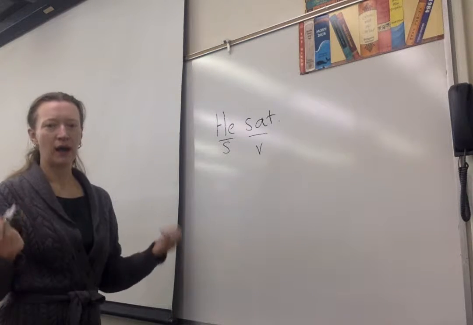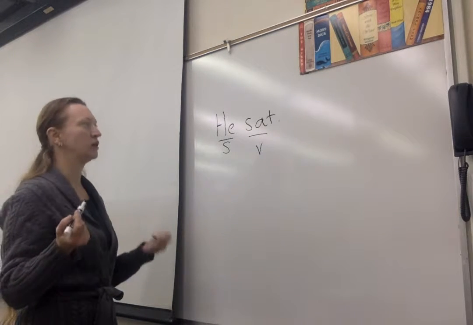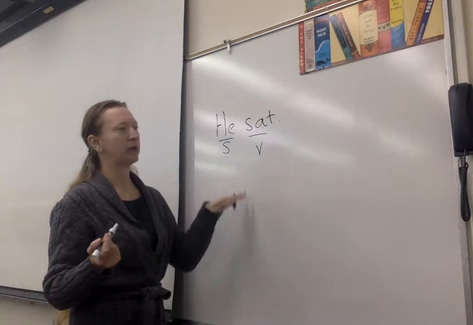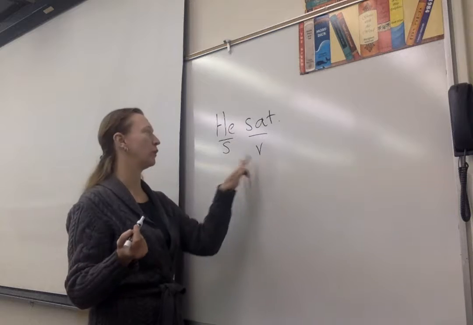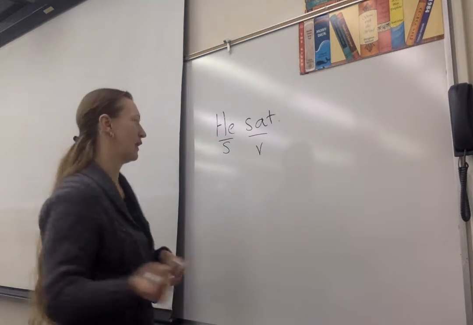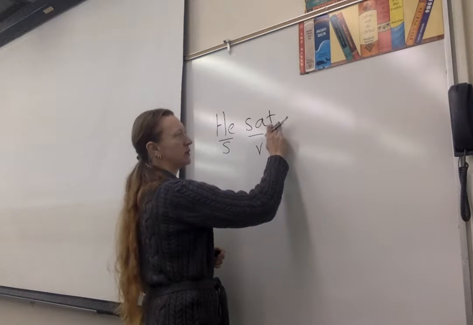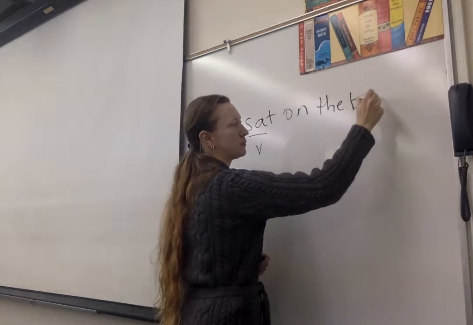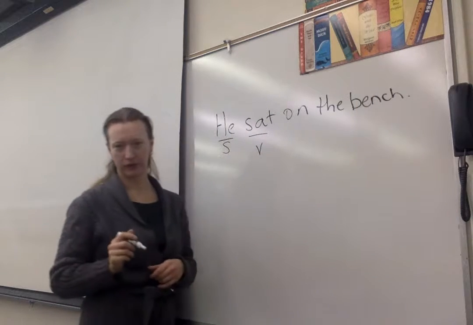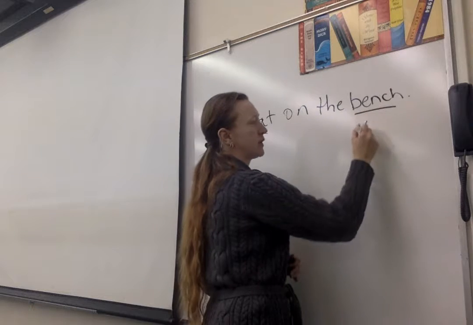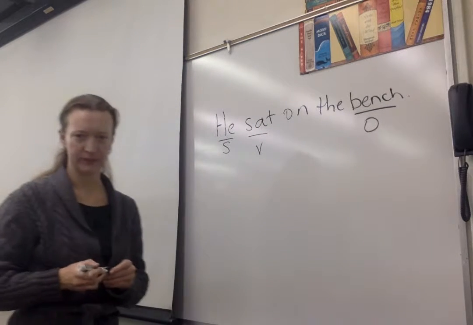Of course, most of our sentences are longer, so we don't just simply have 2 words, subject, verb, but we also have objects. So who or what was being done, or what was being done to someone. So he sat on the bench, right? So you'll notice that the bench is the object of the sentence.